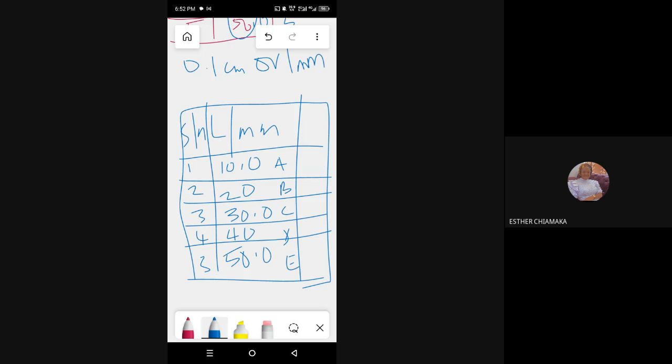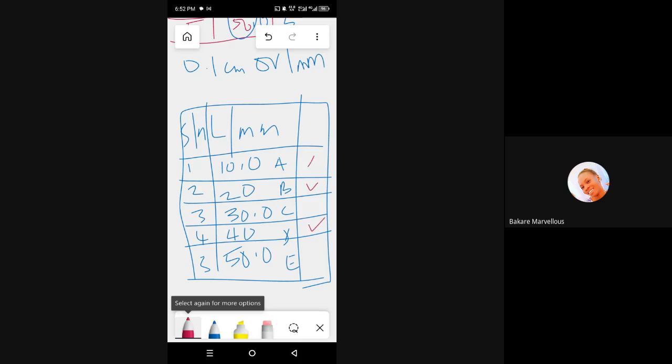So can you see my whiteboard? Yes, sir. So which of A, B, C, D, E are correct for recording in mm a reading taken using meter rule? B and D. B and D are correct.